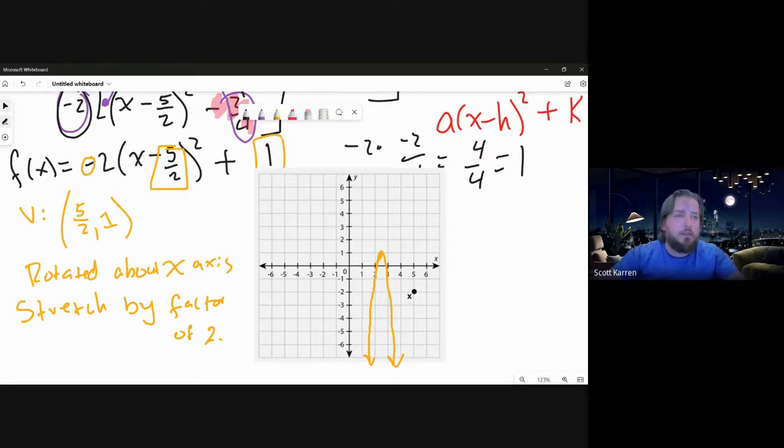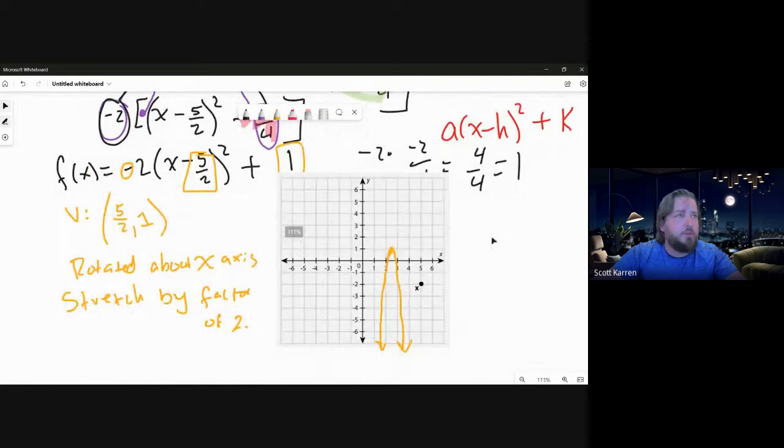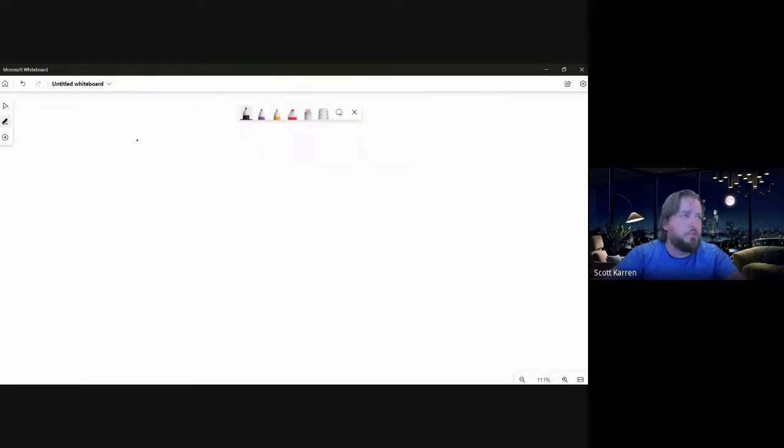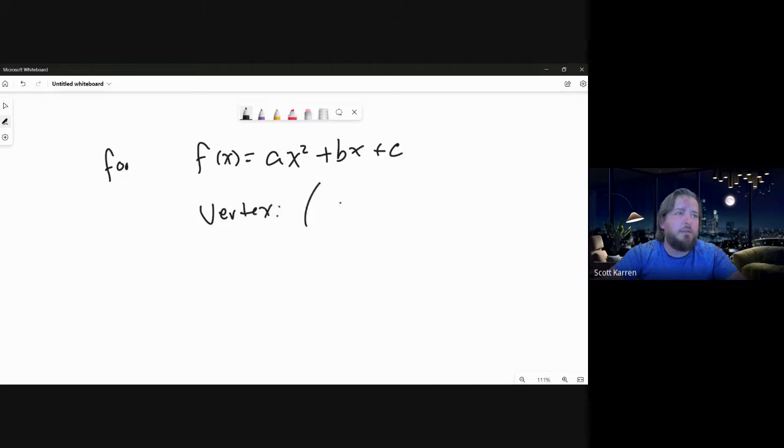And then we can see here by the use of the quadratic formula that for any function like this, if it's in this form, then our vertex is always going to end up being negative b over 2a, right?